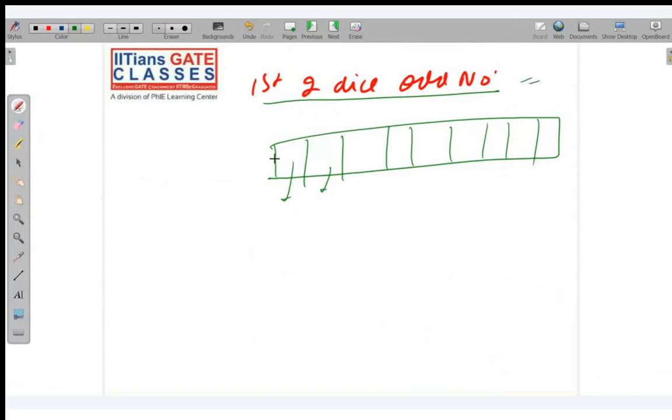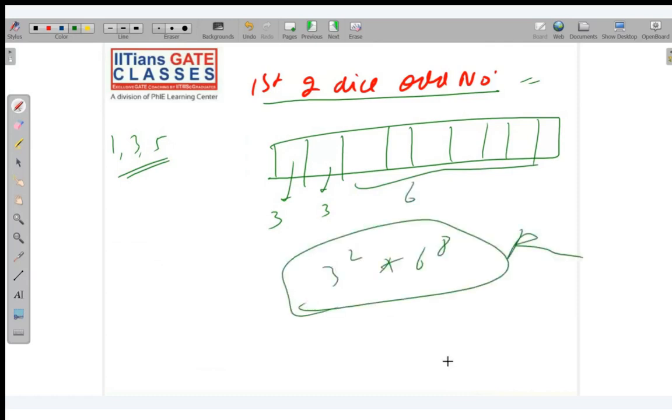So how will we do it? First dice odd number, so 3 possibilities. Second dice odd number, 3 possibilities. So 1, 3 and 5, 3 odd numbers. For the rest everywhere, 6 possibilities. So 3 power 2 into 6 power 8 is the answer.